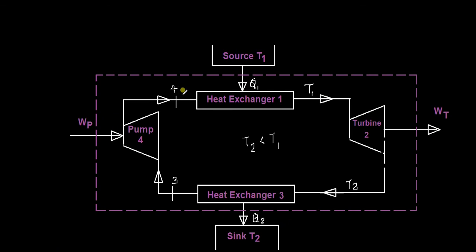Sorry, the diagrams here are a little bit wrong. Instead of 4 you have 1 here. This is incorrect, and that is 2. After the heat exchanger you have 2, and after the turbine you have 3, and after the heat exchanger you have 4. So 4 to 1 is the pump.